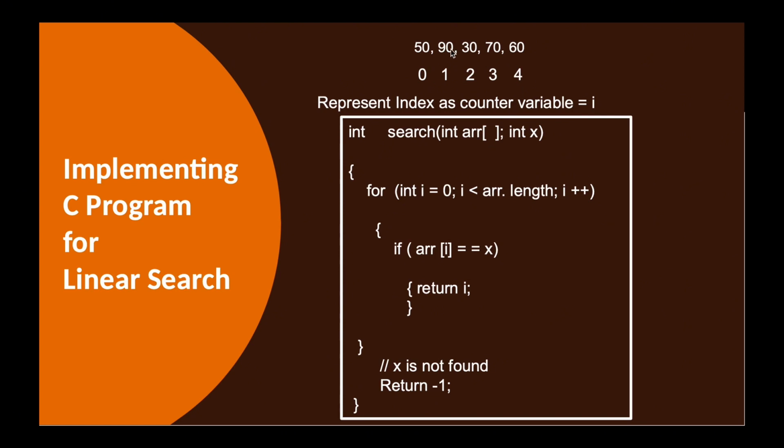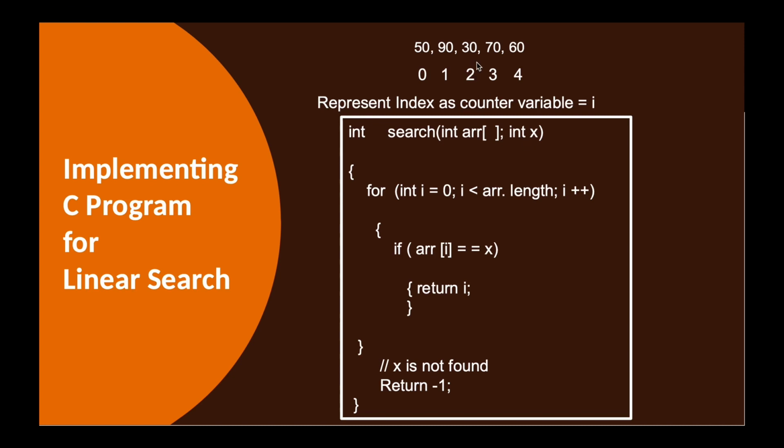Then we will look for an element in the array. I represent the element as x here. So my first function is saying that I need two inputs to make my linear search: an array and also an element.